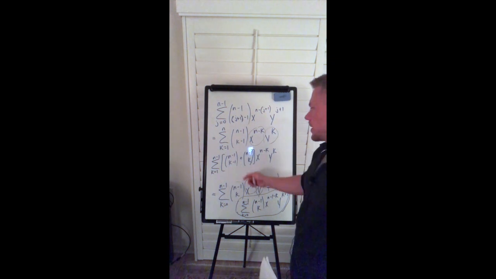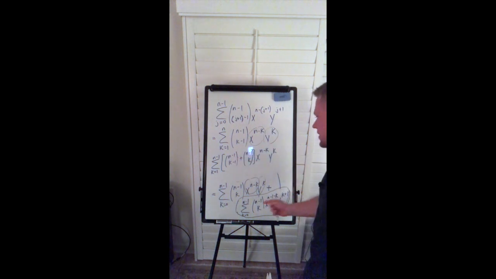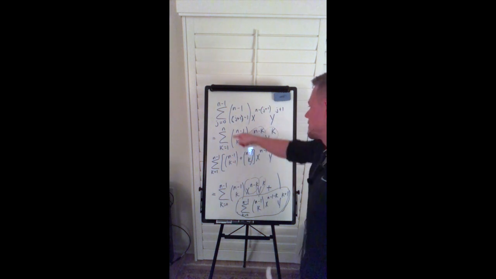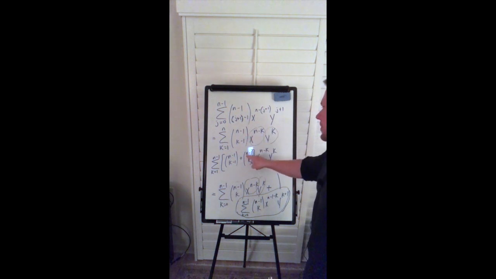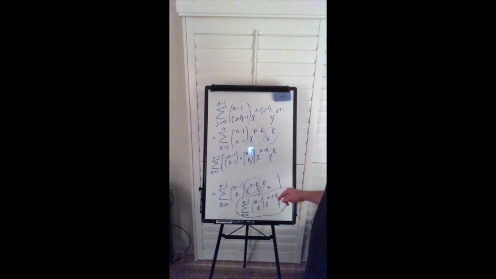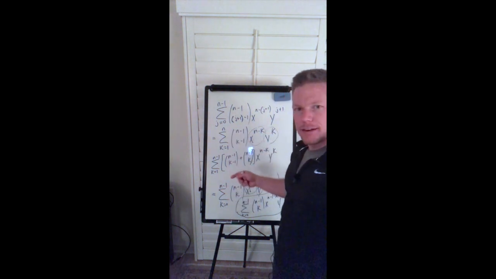Right? Because if you multiply this out, the n minus 1 choose k minus 1 times that, you're left with that piece. Plus, if you multiply out the n minus 1 choose k times that, you're left with that piece. So we've combined the two sums completely except for the 0 and the n.